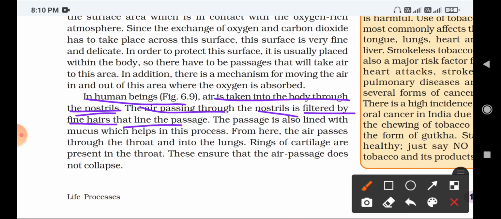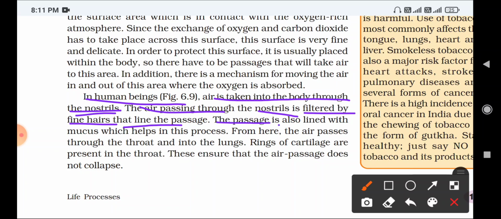That is done by the hairs in our nose. The nose cleanses the air of dust particles and passes it on to the next section. That is the purpose of the hairs in our nose: they filter the air we take from the atmosphere.